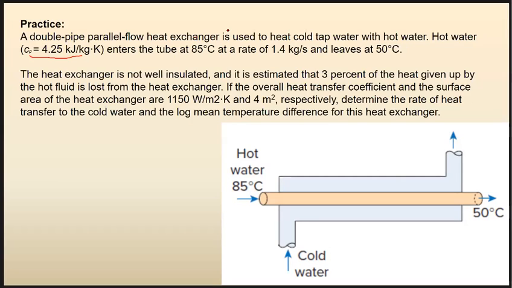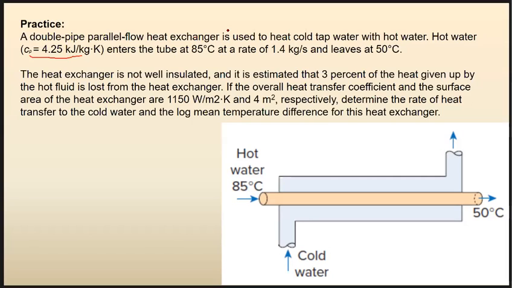So the inlet and outlet of the hot water are given with a specific heat. The heat exchanger is not well insulated, and it is estimated that 3% of the heat given up by the hot fluid is lost from the heat exchanger.